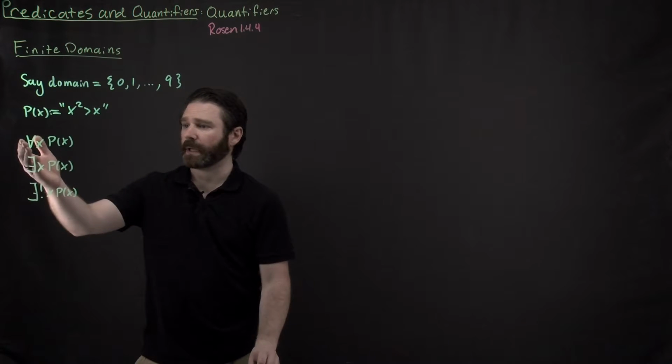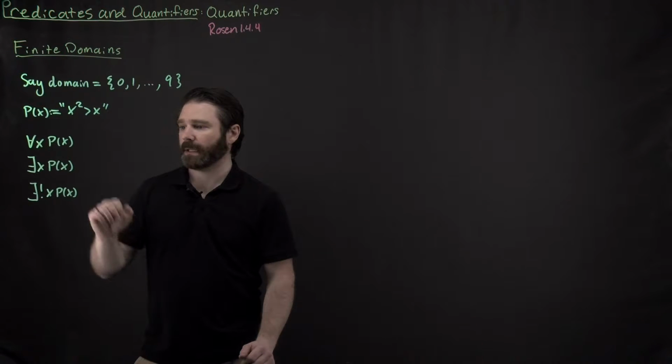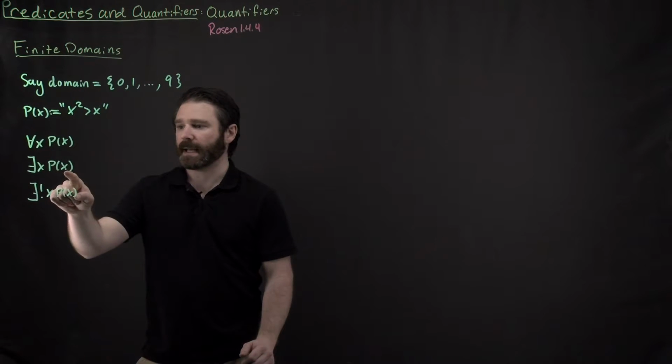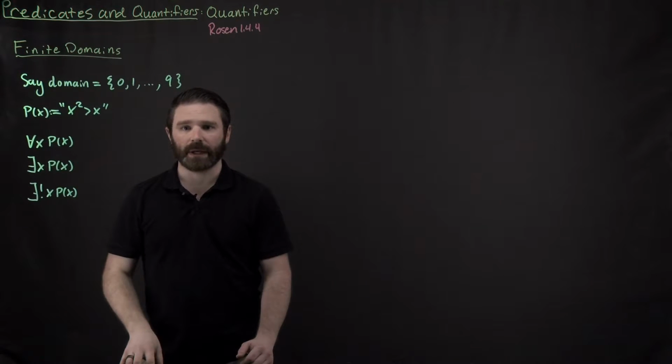So I can figure out if for every x, x squared is greater than x on that particular domain, there exists an x such that p of x, or there exists a unique x.